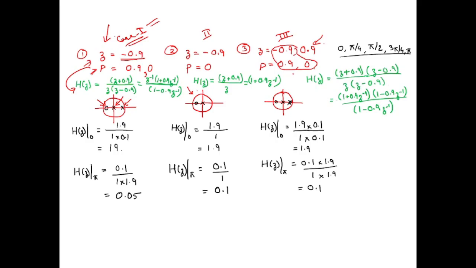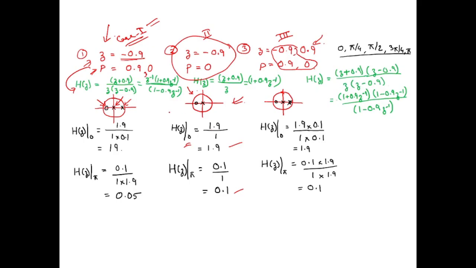So we have a system with some poles and zeros, and in case 3 we have added a zero over the pole. If you see the second case, it has the minimum number of zeros and poles. Over here we have this response: at 0 we have 1.9, and at pi we have 0.1.